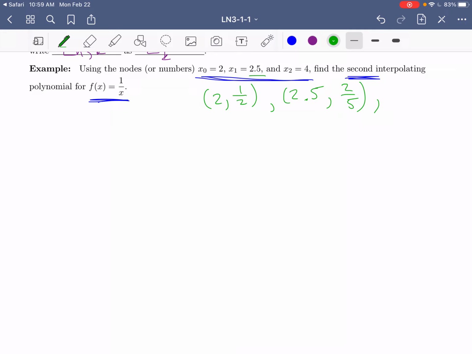And when our x value is 4, our function value is 1/4, right? So here we're just plugging our points in there.